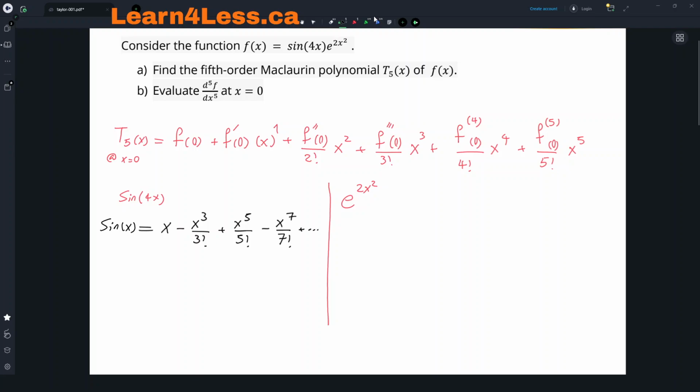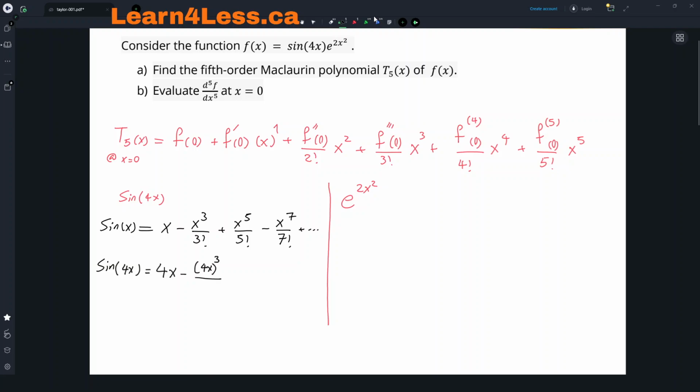But we don't need to go all the way, because we need to just go up to the point that the power would be 5, because we are asked for the fifth degree, T5. So right now this is for sine of x. What I need is sine of 4x. So simply instead of x, I plug in 4x. So it would be 4x minus 4x entirely cubed.